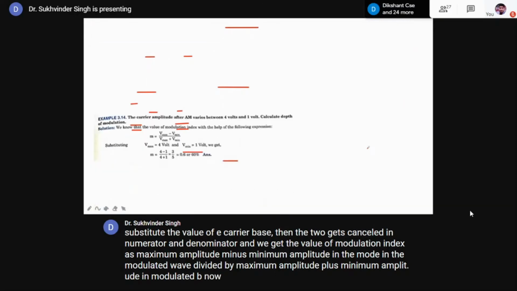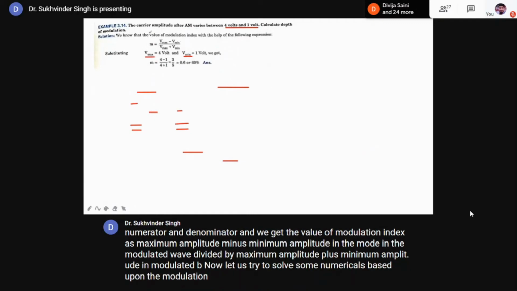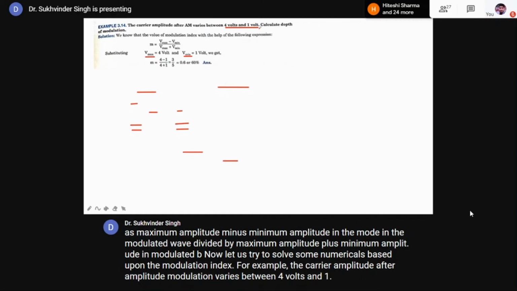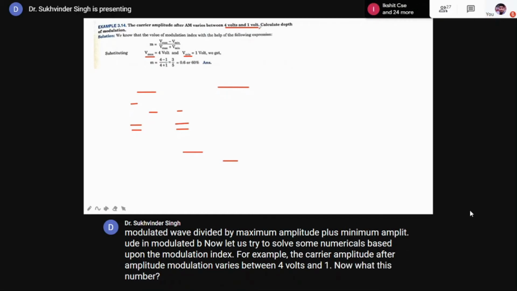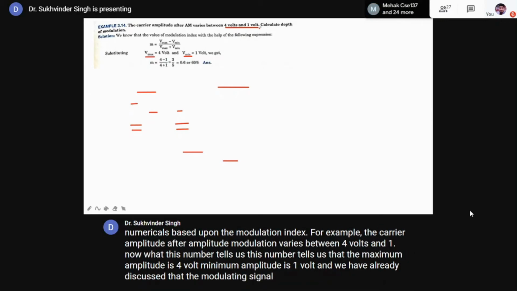Now let us try to solve some numericals based upon the modulation index. For example, the carrier amplitude after amplitude modulation varies between 4 volts and 1 volt. What this number tells us is that the maximum amplitude is 4 volt, minimum amplitude is 1 volt, and we have already discussed that the modulating signal, carrier signal, modulated signal, they all are represented with the help of voltage levels or current levels.